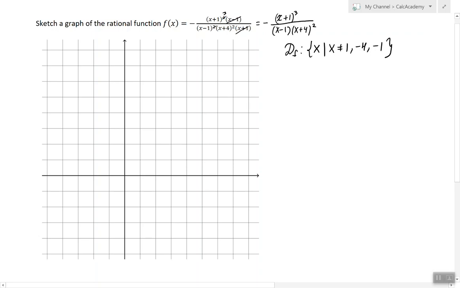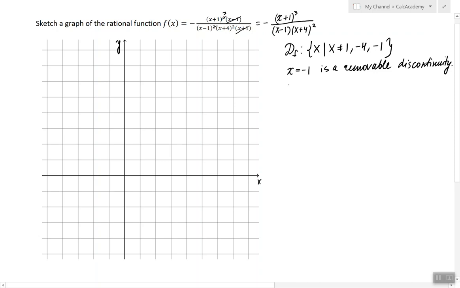So what we have at -1 is a removable discontinuity. So it's not going to affect our graphing. It just means that at the end we'll have to remove that point from the graph, whatever graph we'll obtain.